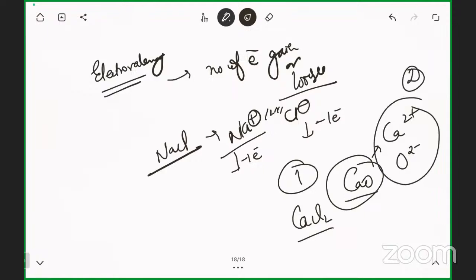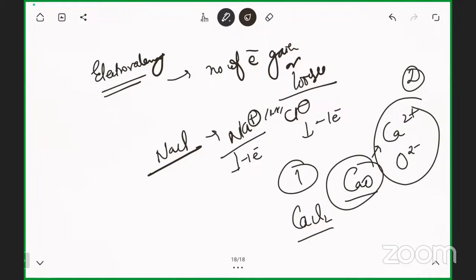So the number of electrons donated or accepted while forming the electrovalent bond or ionic bond is known as electrovalency. Clear?